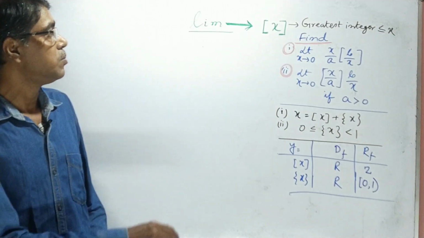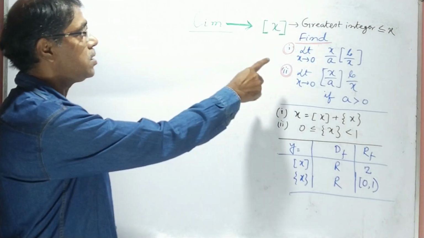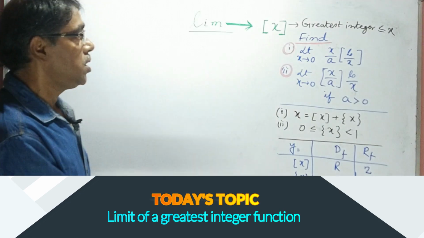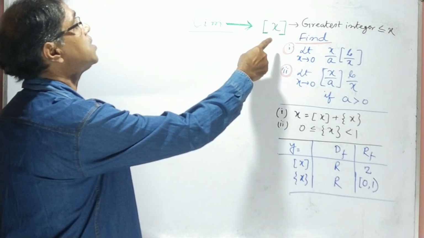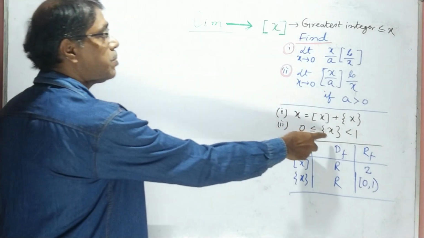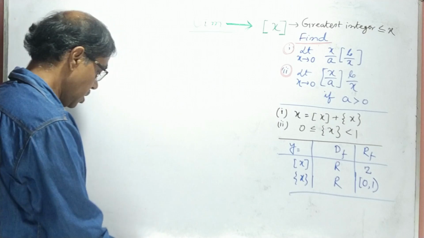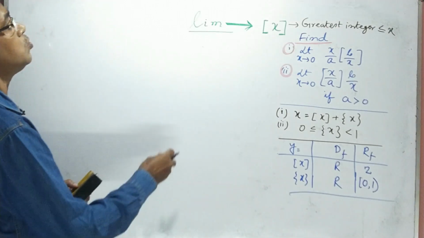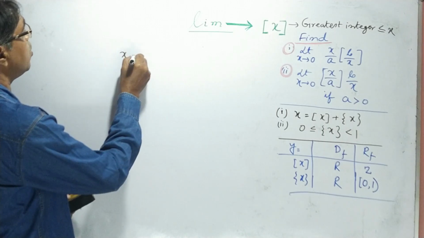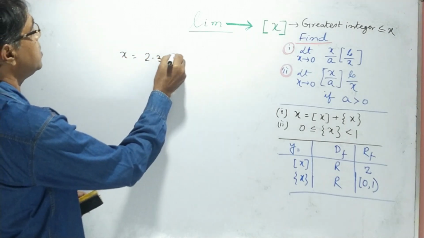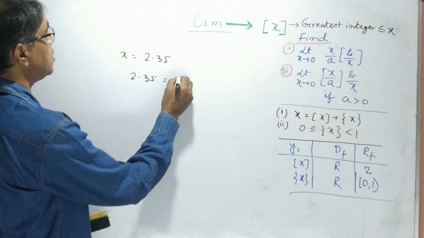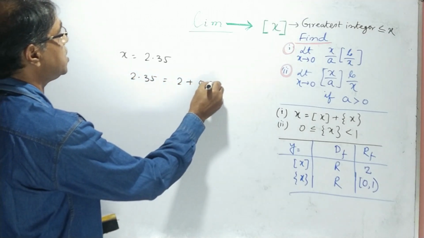Today I am going to discuss the limit of problems 1 and 2 related to the greatest integer function and the fractional part of a number. It is well known to all that if x equals, suppose, 2.35, then 2.35 equals 2 plus 0.35.